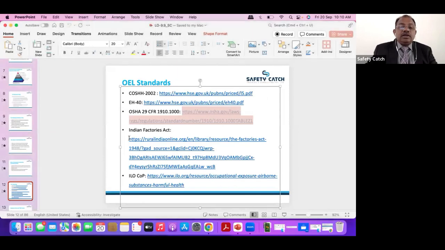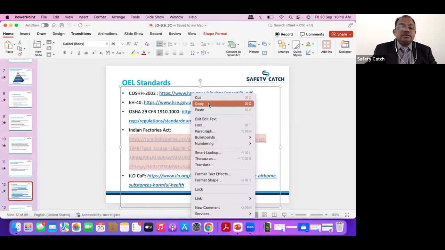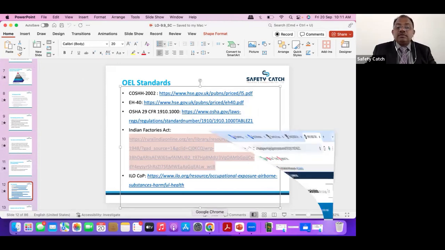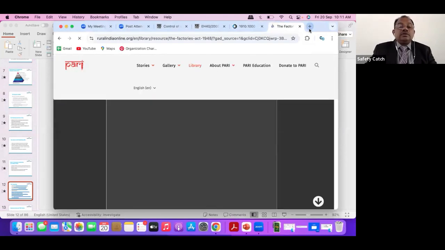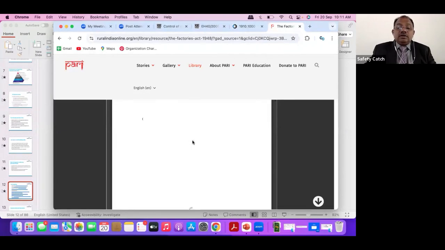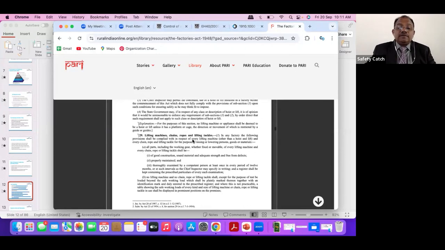And then suppose you are working in India, we have the Indian Factories Act stipulating this. So the Indian government also has exposure standards. In the appendix of the Indian Factories Act, they are giving this. You can see here, these are the Factories Act, and occupational exposure limits are given towards the end as an annexure to this act.